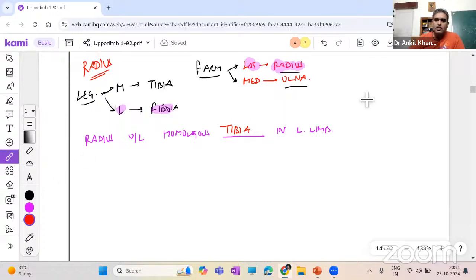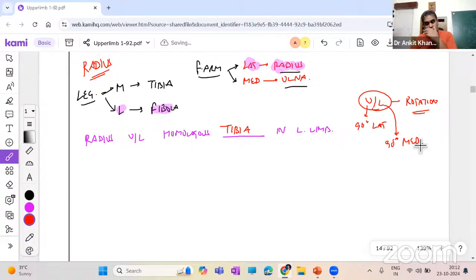So if you compare the upper and lower limb, there is a difference in rotation during embryonic development: the upper limb has a 90-degree rotation laterally and the lower limb has a 90-degree rotation medially. Therefore, the radius is not homologous to the fibula, it is homologous to the tibia. And similarly, the ulna in the upper limb is homologous to the fibula in the lower limb.